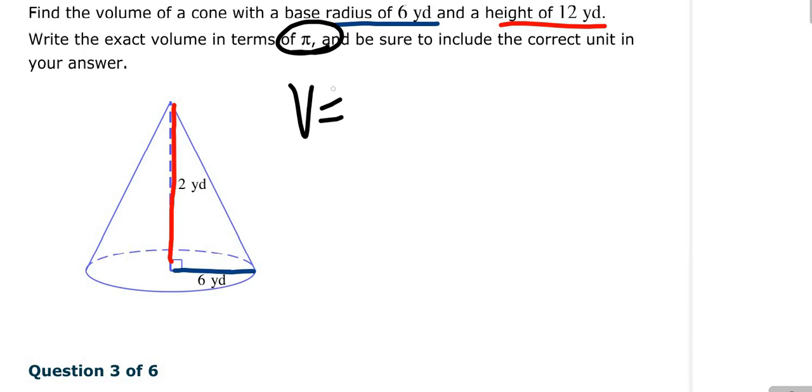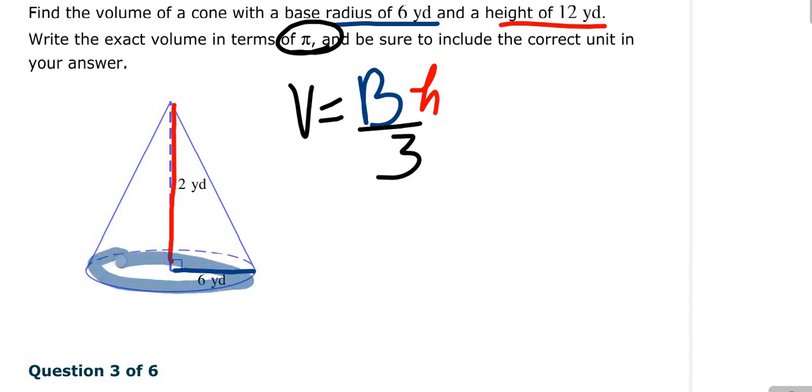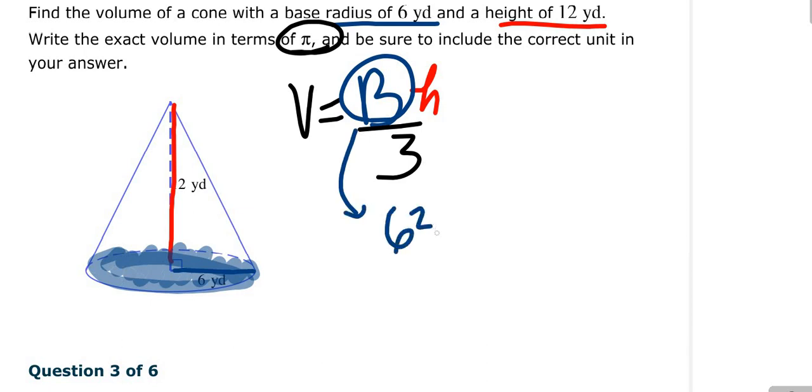Once again, volume of a cone equals base times height over 3. Your base here is a circle. Circle is pi r squared. So 6 squared times pi times our height, which is 12 over 3.